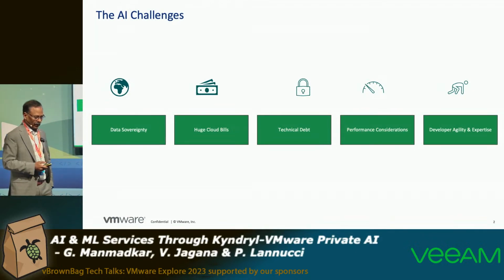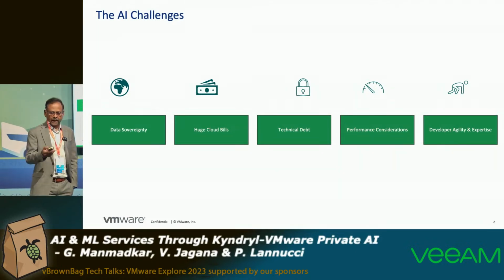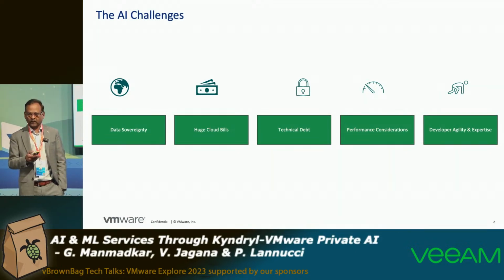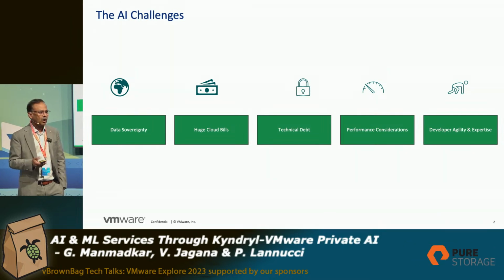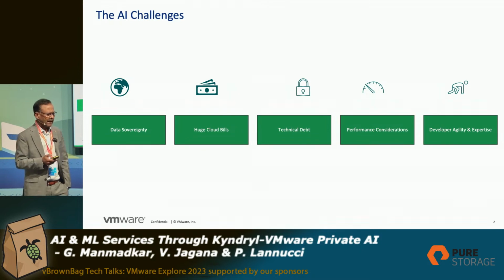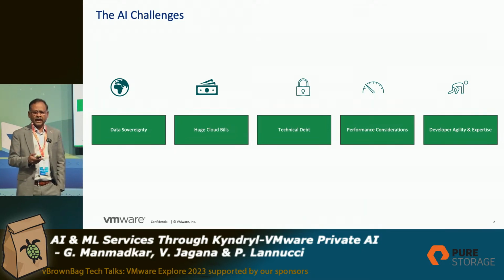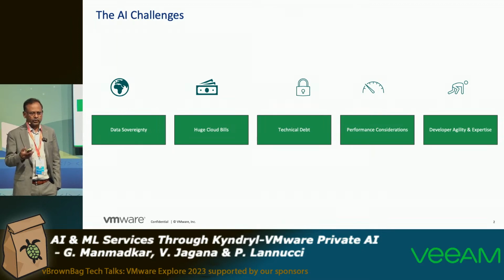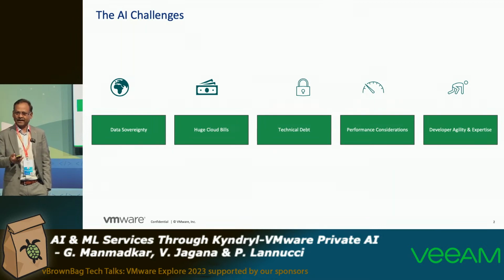A lot of our clients see AI as an integral component of their overall strategy from the digital transformation perspective, and they are adopting it and looking to move from traditional enterprise AI applications to more Gen AI, or generative AI, applications.